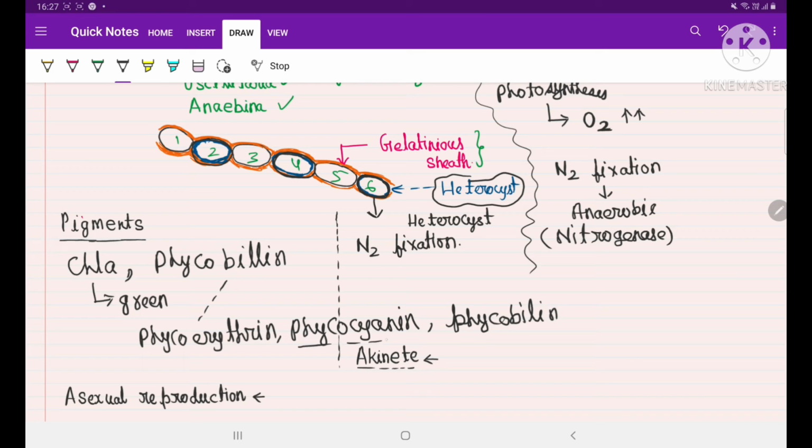Guys, this phycocyanin provides blue color, and the green color from chlorophyll A will dominate over the other colors. That's why we call them blue green algae.